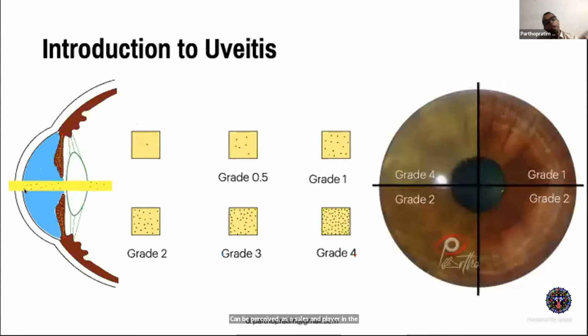Clinically, when you pass a beam of light, you can count the cells using a 1 millimeter by 1 millimeter beam, and that's how we grade the cells, which will be discussed in subsequent classes. Similarly, the amount of protein in the aqueous, which is ideally optically empty, we can compare with the visibility of the iris details, and we can grade the flare in various grades.